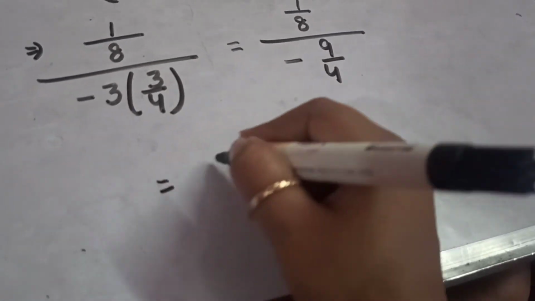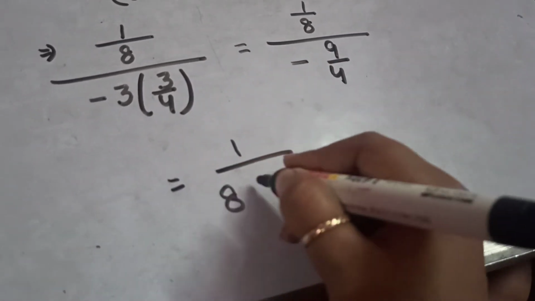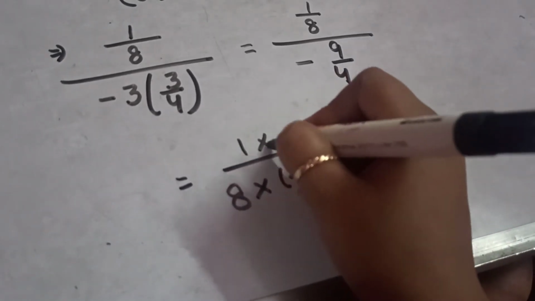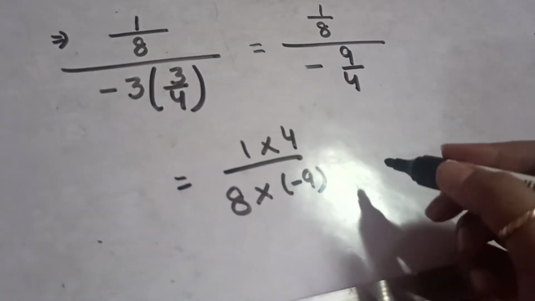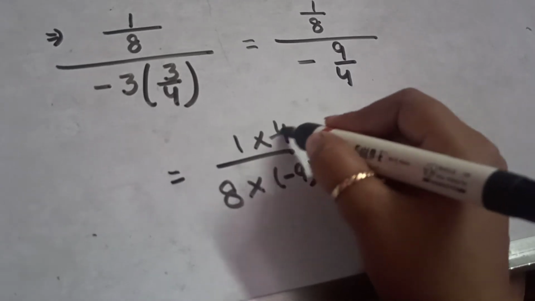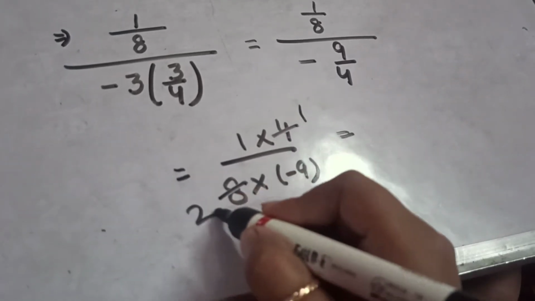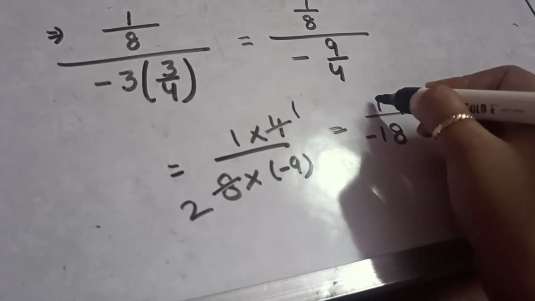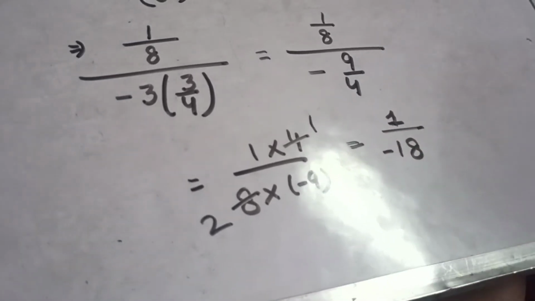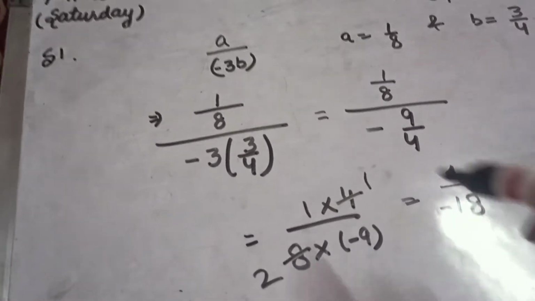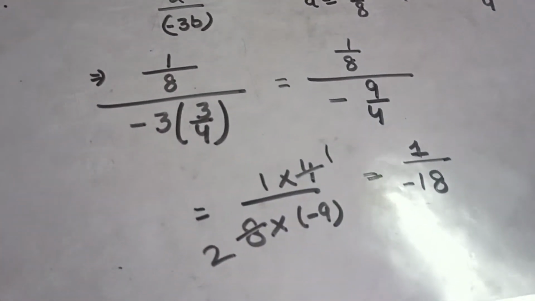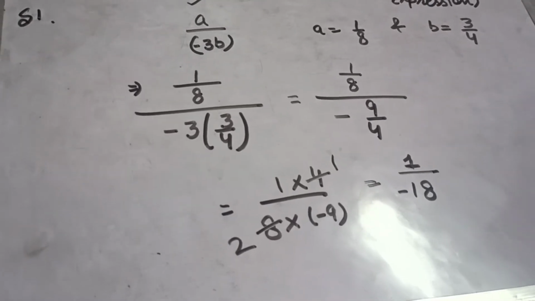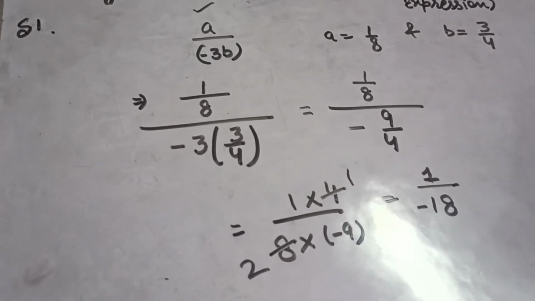Now it goes up. 1 by 8 multiply with minus 9 and this 4 goes up. Right? 4 1s are 4, 4 2s are 8. 1 by minus 18. So the value of this expression is 1 by minus 18. Clear, students?